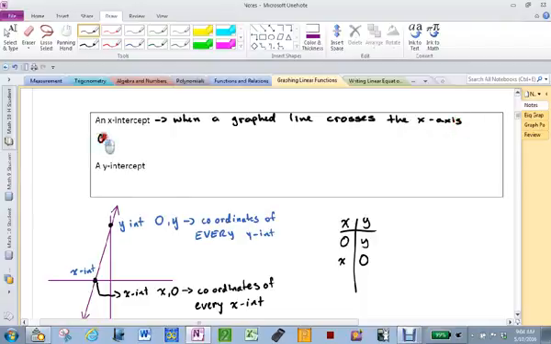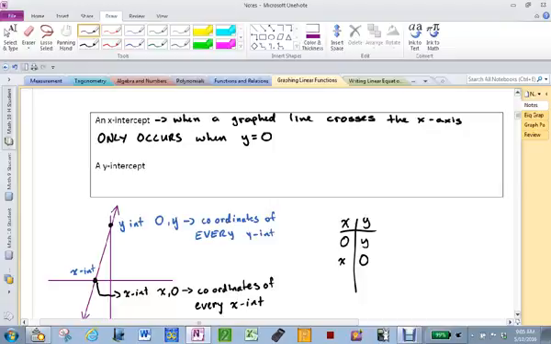And it only occurs when what? y equals 0. If you don't have an output of 0, you don't have an x-intercept.